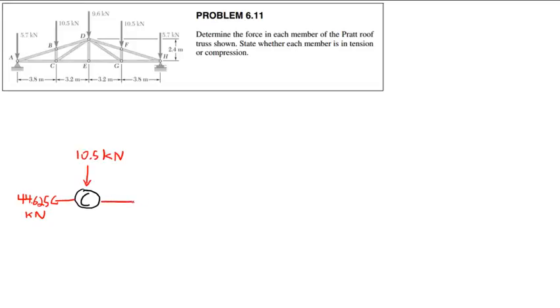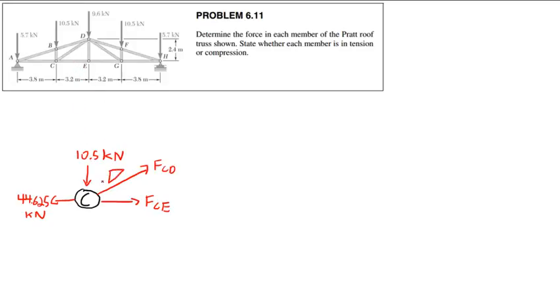Then I'm going to have FCE, and then I'm going to have FCD. We need to solve for this one and this one using this joint. And our force triangle here, let's see, what is this going to be?